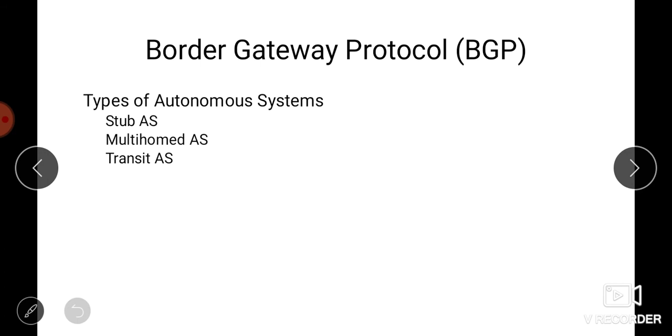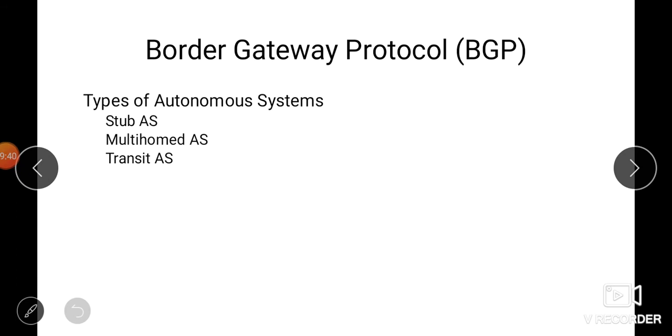A large corporation that manages its own network and has full control over it is an autonomous system. A local ISP which provides services to local customers is an autonomous system. We can divide autonomous systems into three categories: stub autonomous system, multi-homed autonomous system, and transit autonomous system.